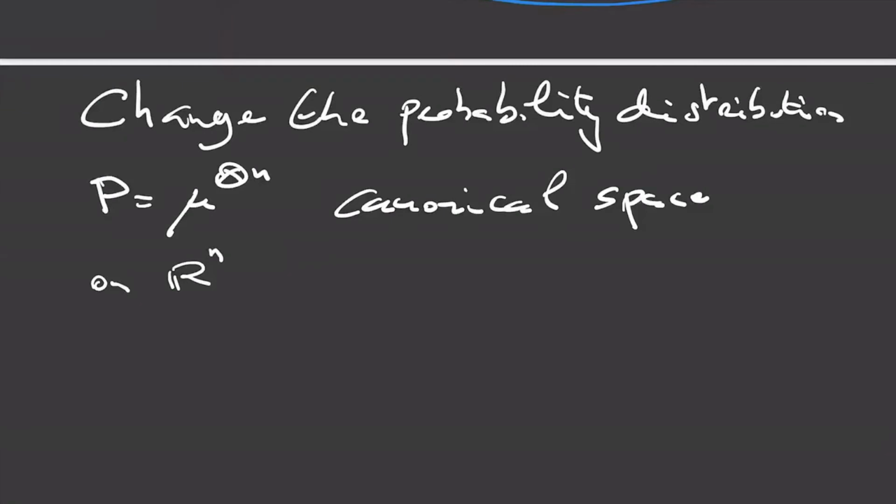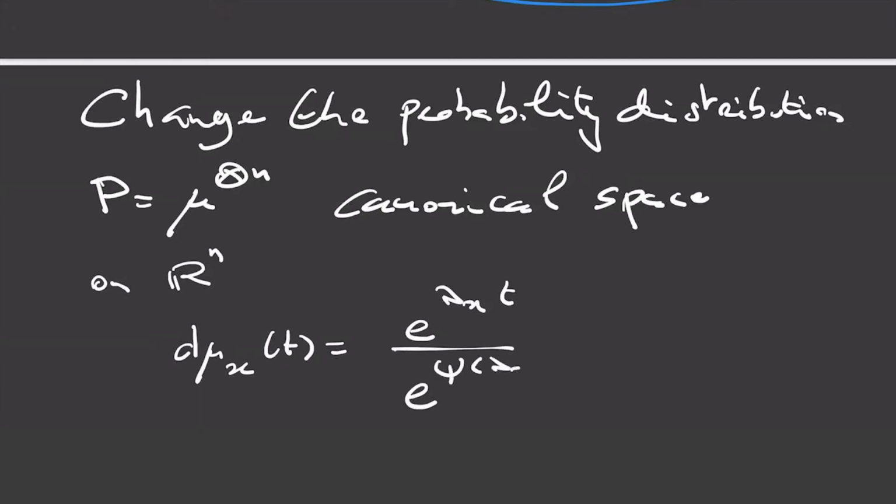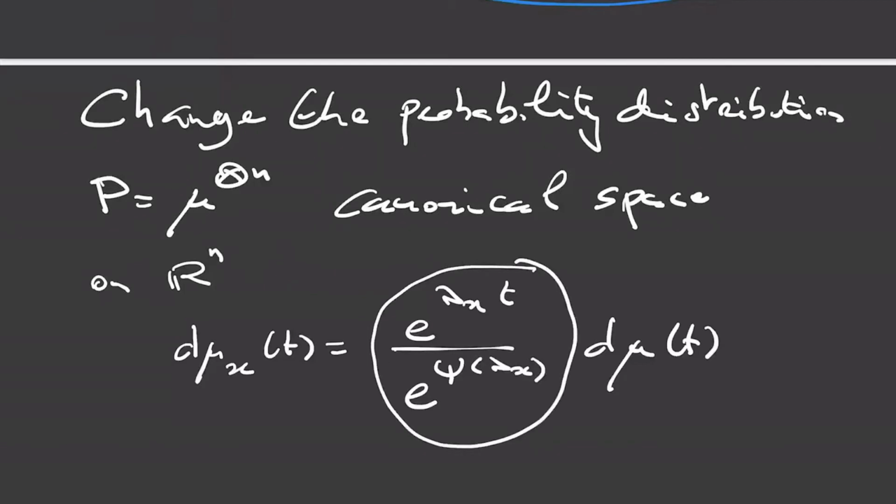On a single variable, the change of distribution becomes something related to the distribution mu. That is, we consider d mu x of t, which is exponential of lambda x times t over exponential of psi of lambda x, d mu. Of course, this quantity is such that the integral with respect to mu is equal to 1.